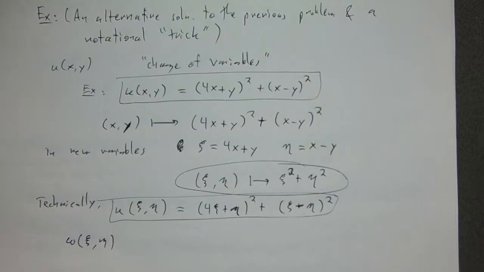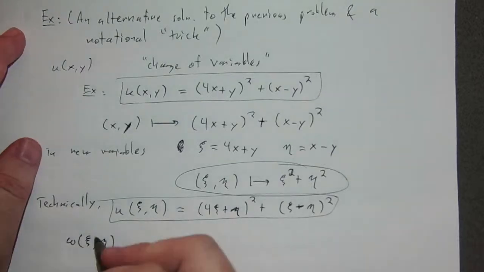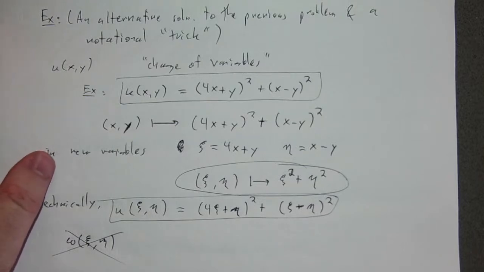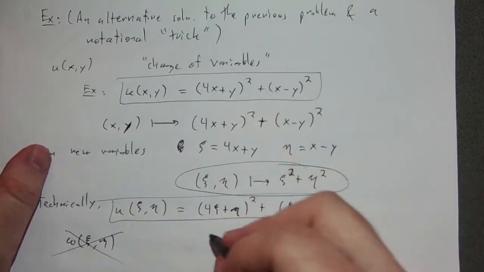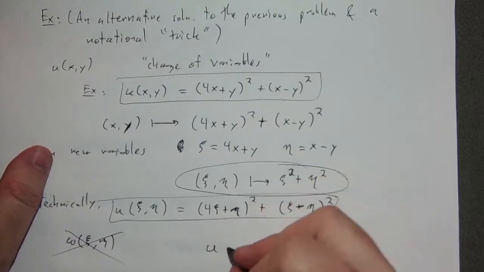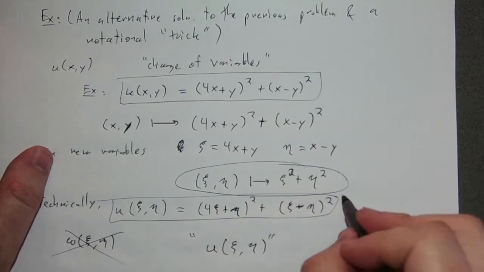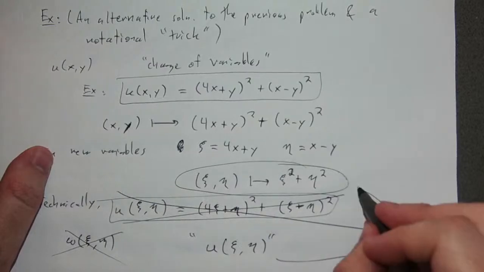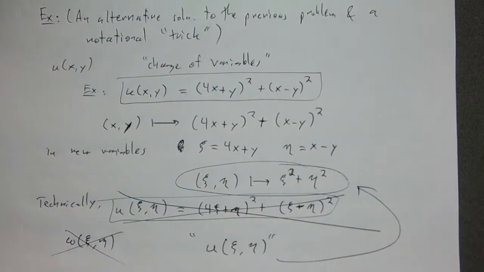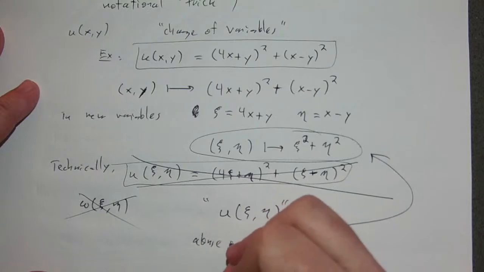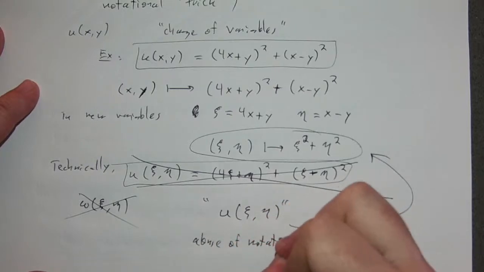And so what we want to do here is, rather than redefining a new function and getting kind of lost in that, when all we really want to do is some kind of computation involving the chain rule, what we will write is u of xi, eta, but it won't be this, it's going to be this thing. So this is an abusive notation, no doubt. This is an abusive notation, but it's an abusive notation that is useful, and so we're going to do it.